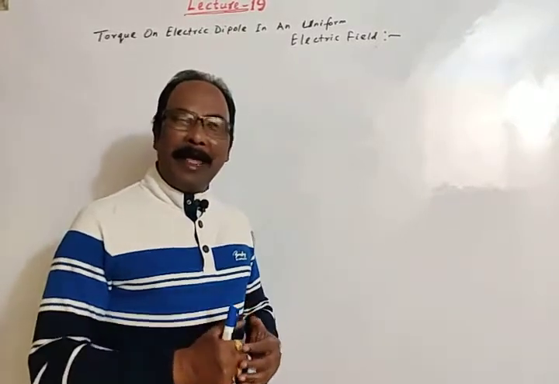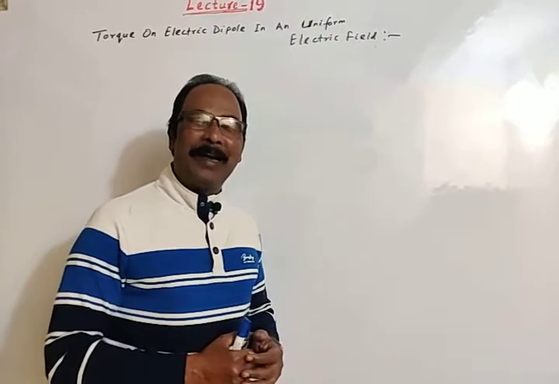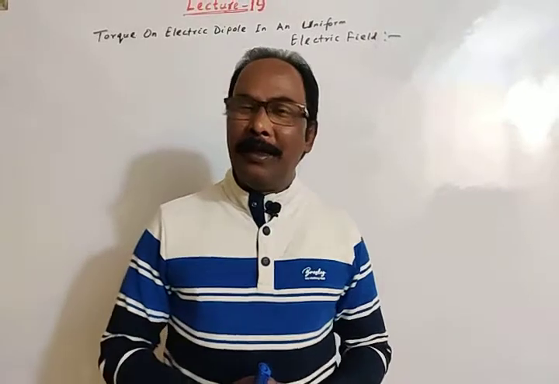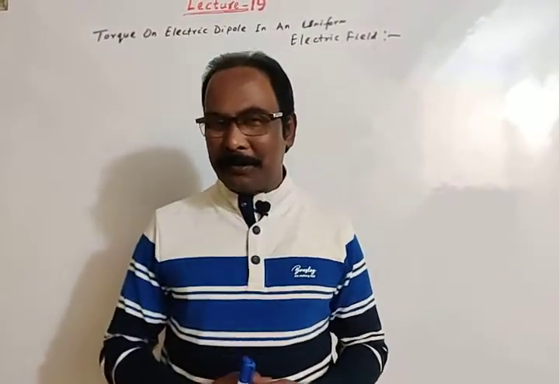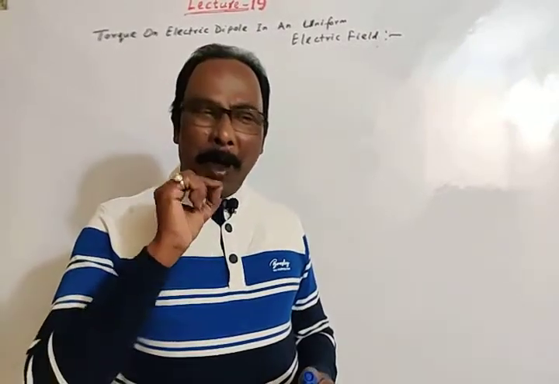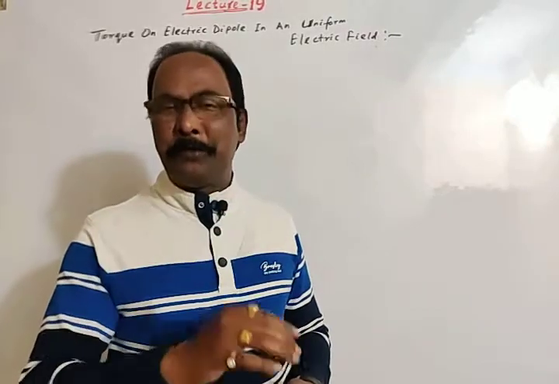Again, I would like to advise the students who have not gone through previous lectures, please go through them, as I have discussed all the concepts there. About electric field, we have already discussed electric field lines.